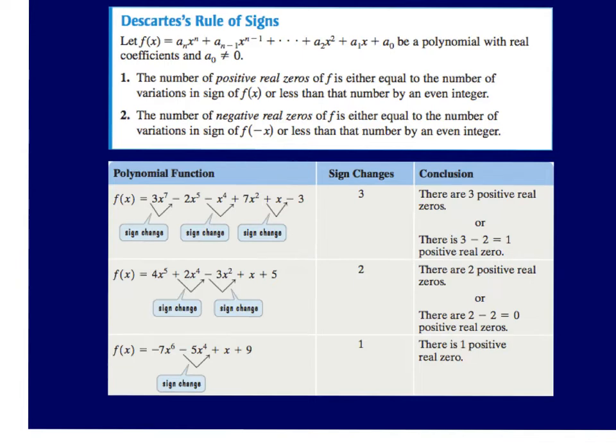We always go down by 2. So if I had 5 sign changes, I would have 5 or 3 or 1. Why does it always go down by 2? Let's think about what we learned yesterday.